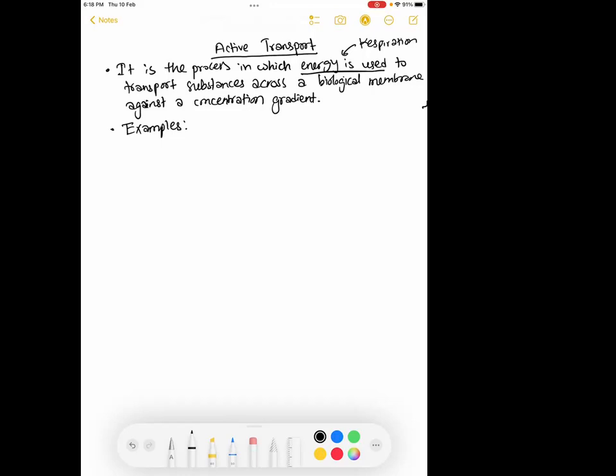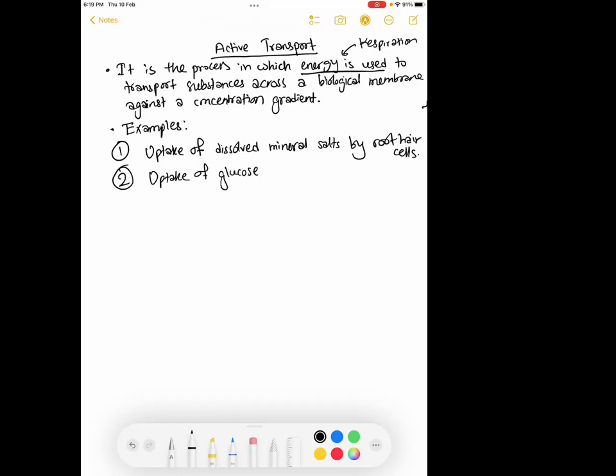So that is number one: uptake of dissolved mineral salts, for example, by root hair cells. Another one in humans maybe would be the uptake of glucose by cells in villi.